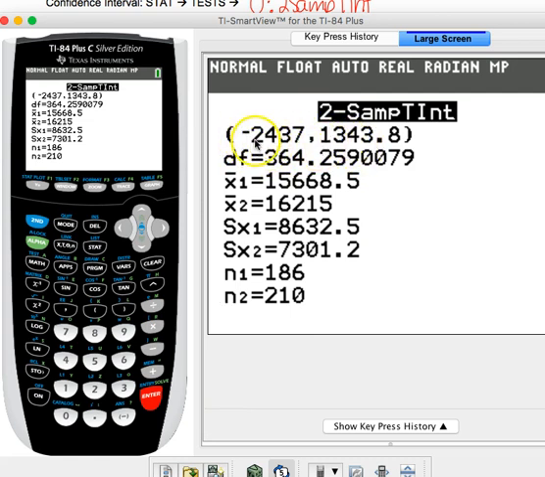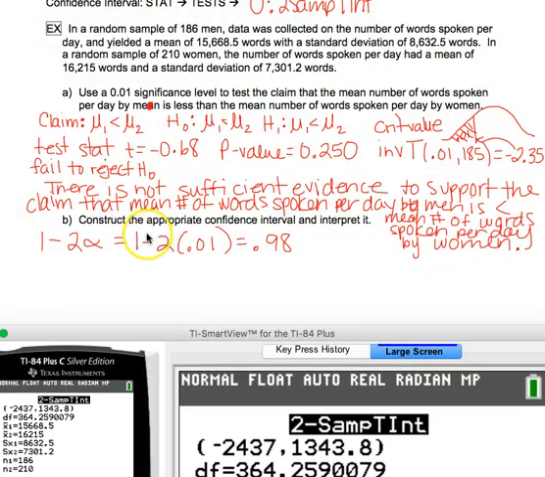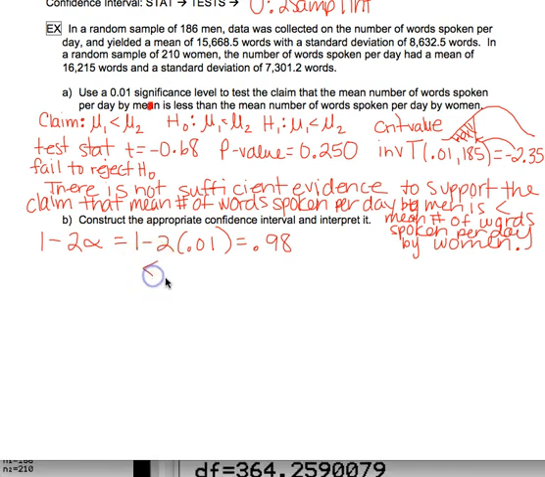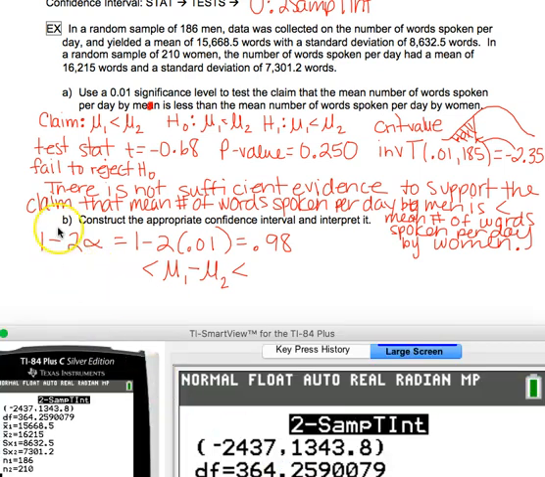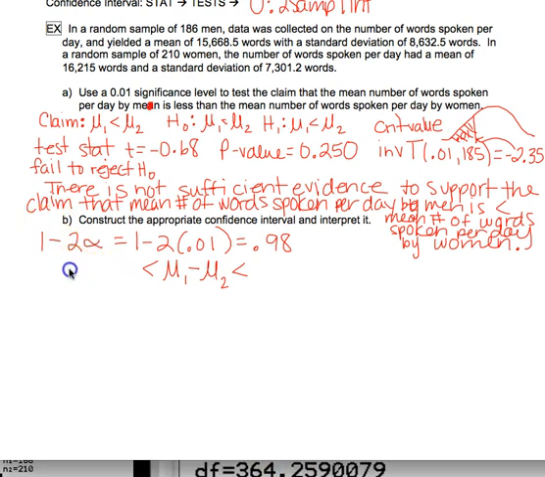we have negative 2,437 as our lower limit, 1,343.8 as our upper limit. So can go ahead and write those down. Remember that what's in the middle, I prefer to write these in the inequality format because it shows what's in the center, and that's really important in this section.